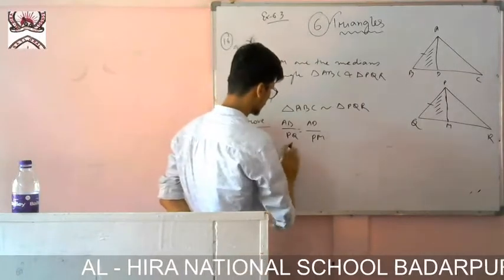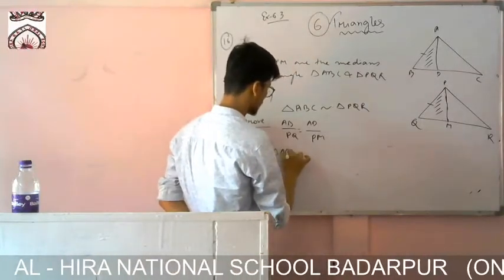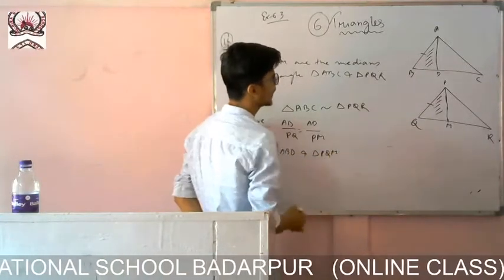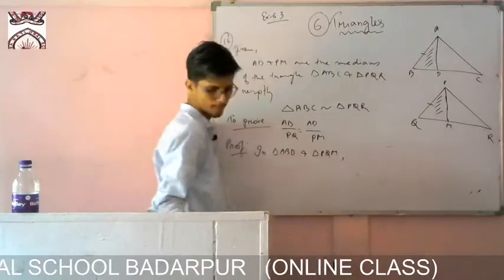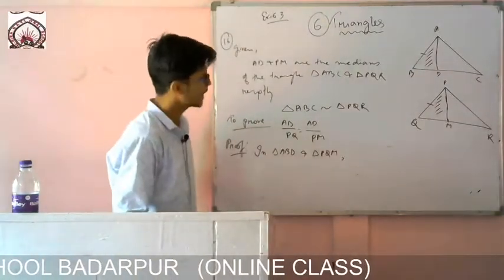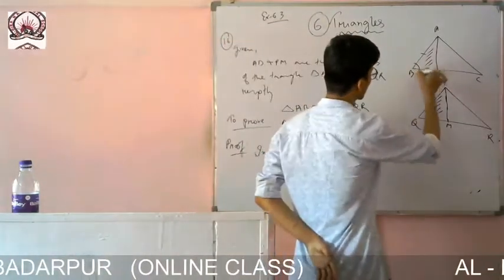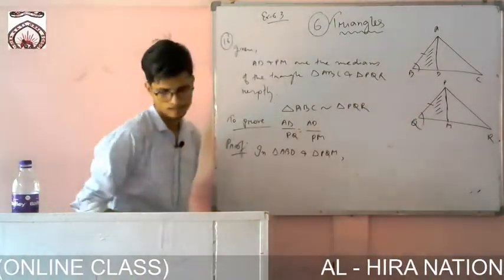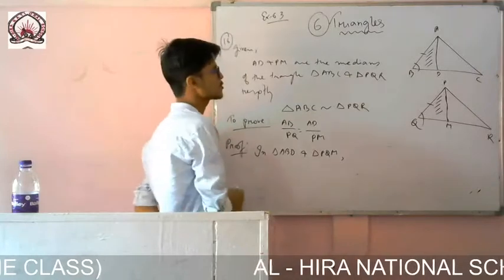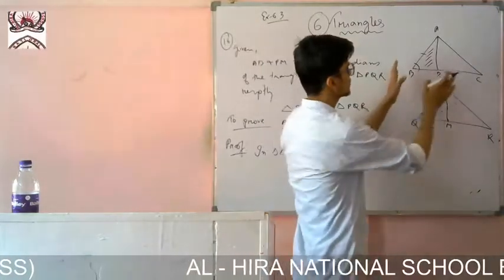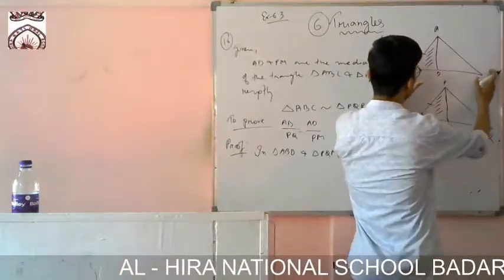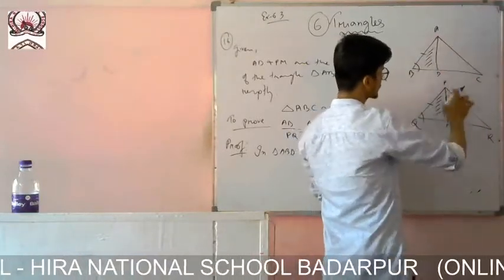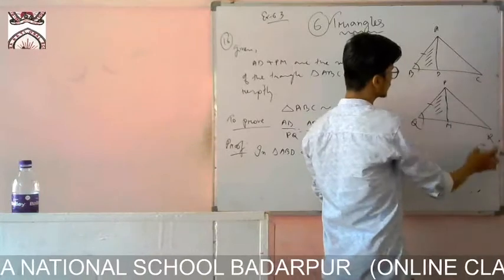In triangle ABD and triangle PQM, angle B is equal to angle Q, since these two triangles are similar, that means this angle will be equal to this one, this angle to that one, and this angle to this one.